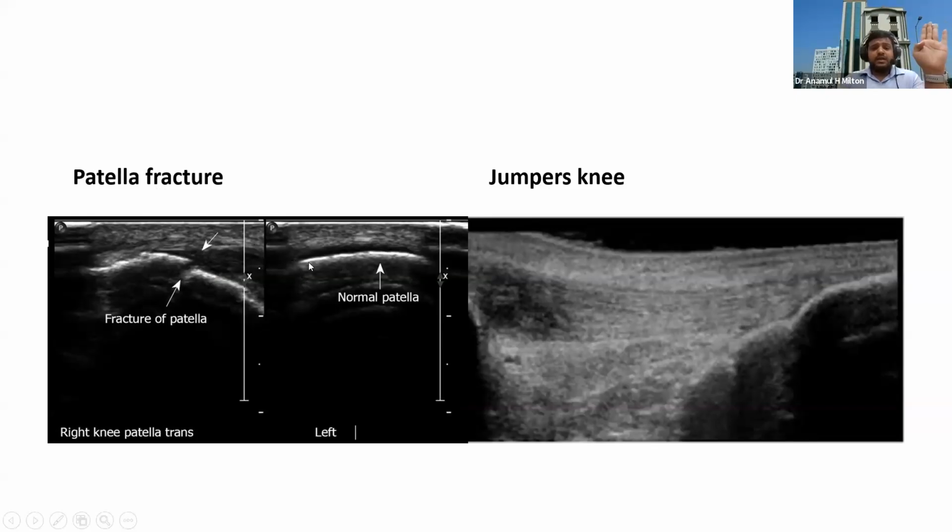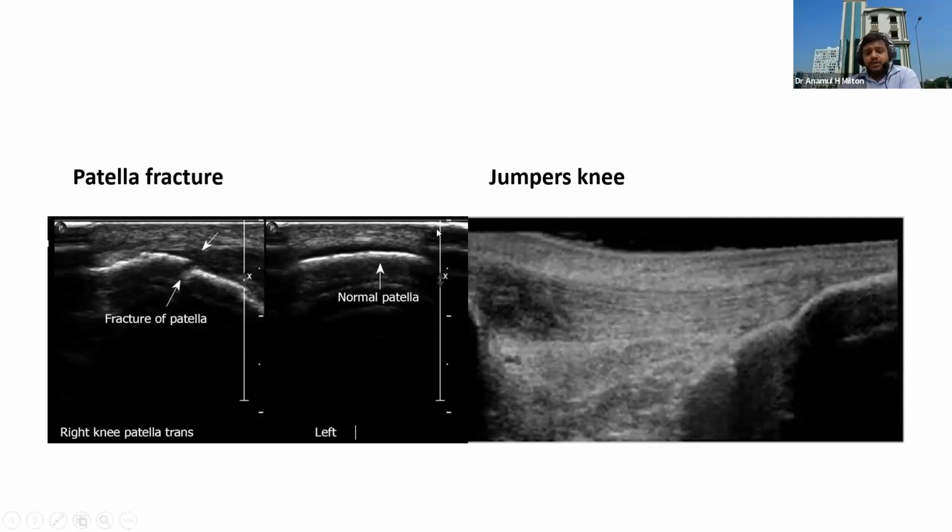This is a very common scenario with ultrasound: when you do only the X-ray, you see there is nothing, but when you do ultrasound, you can find out if there is any crack over the bony surface. It may be due to a bony fracture, with a history of a fall on the ground or not.